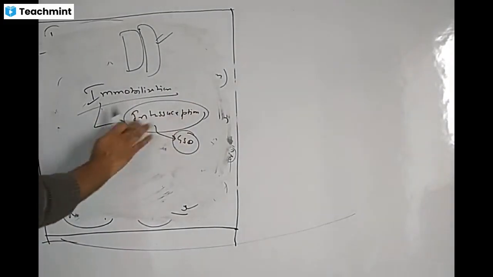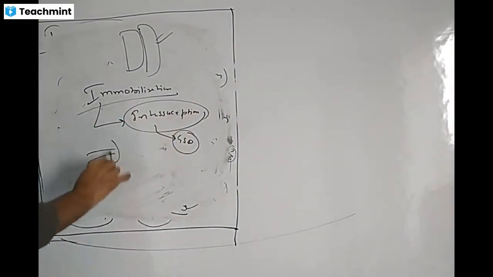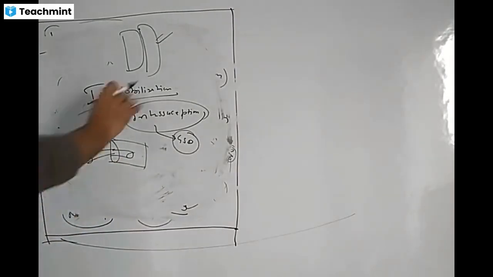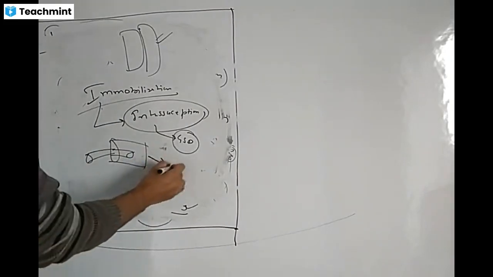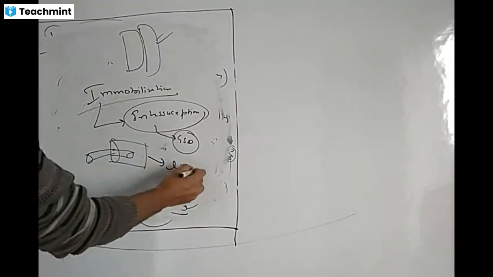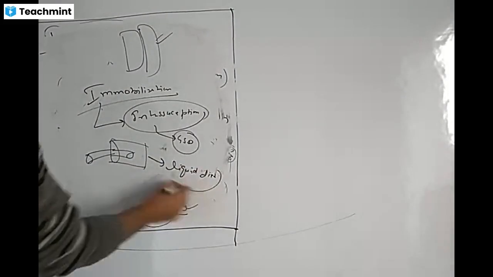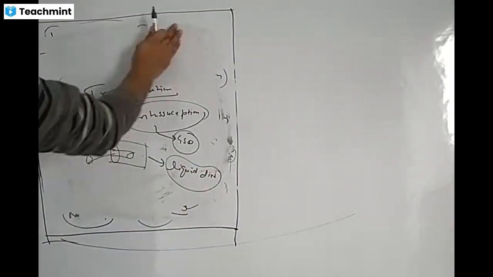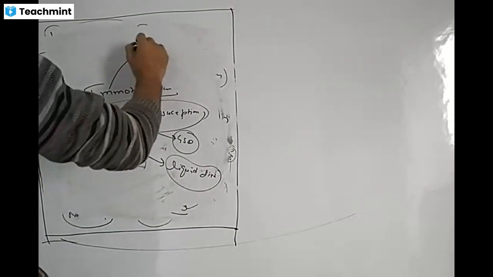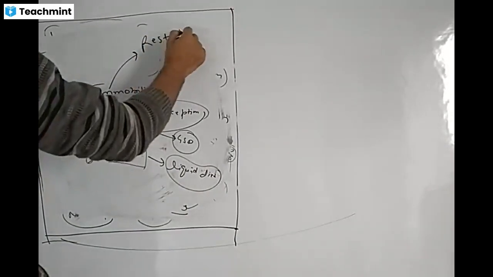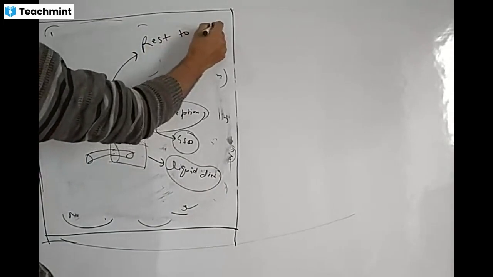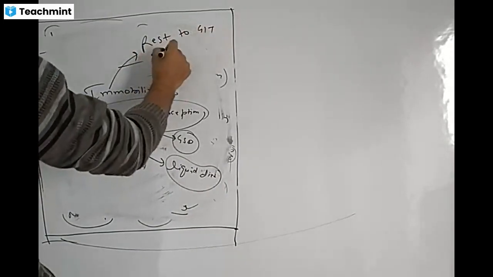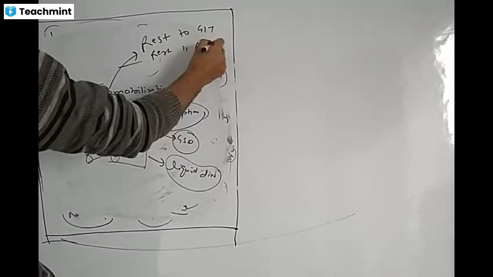So in a surgery of intussusception, where one segment enters into another segment, after this surgery we give a liquid diet to the animal. So immobilization means giving rest to the GIT or giving rest to the animal.